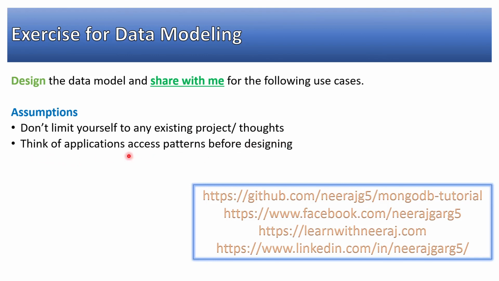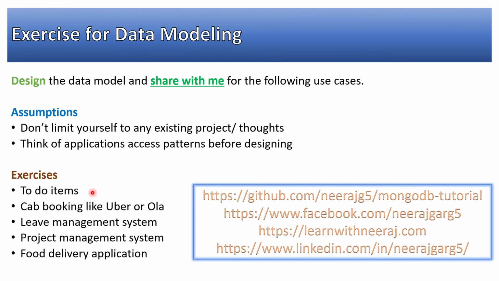Think of application access patterns, and feel free to think of any access pattern you can think of and design the database or schema accordingly. You have to consider one of these scenarios or multiple scenarios.